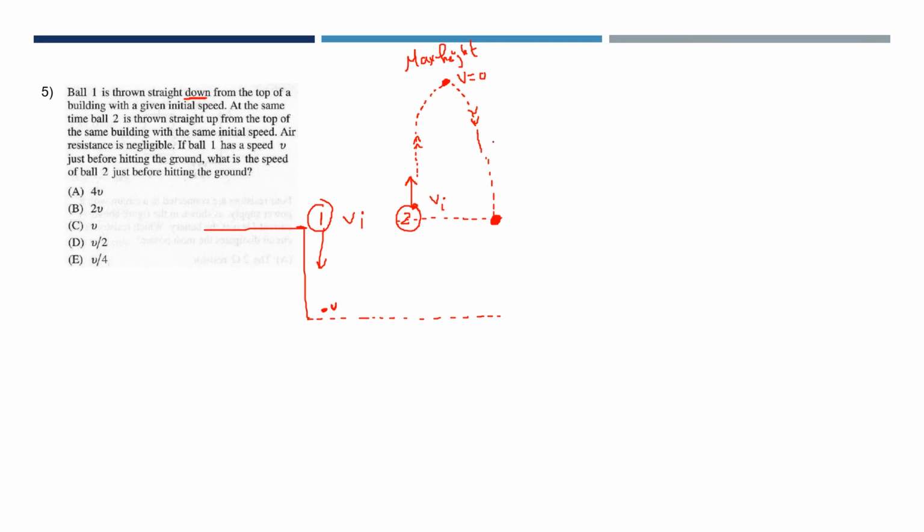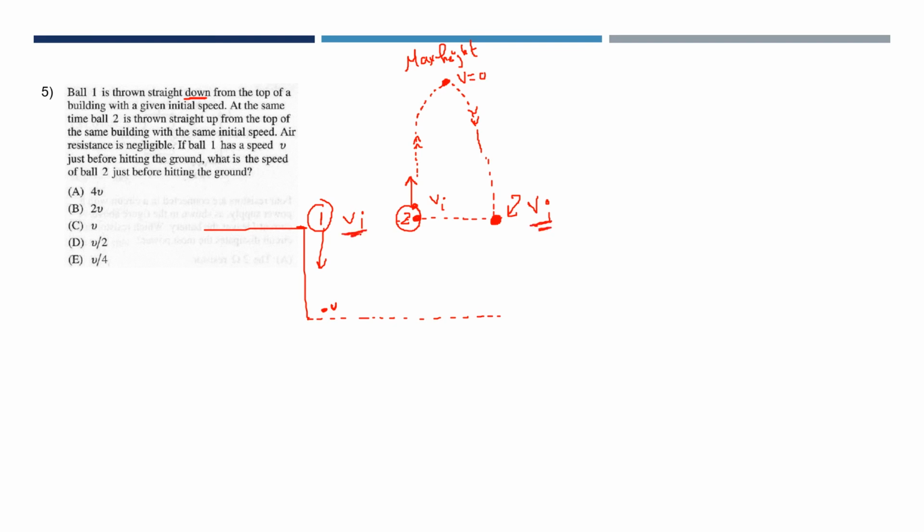So it has an increasing velocity until it reaches this point at the same height, and its velocity is going to be V initial again, the same as the point where it was projected upwards. So at this point, ball number 2 has again a velocity of Vi.